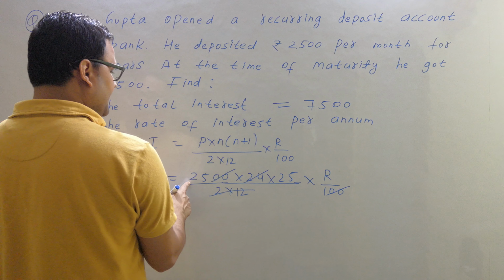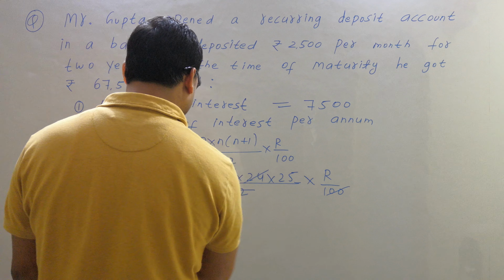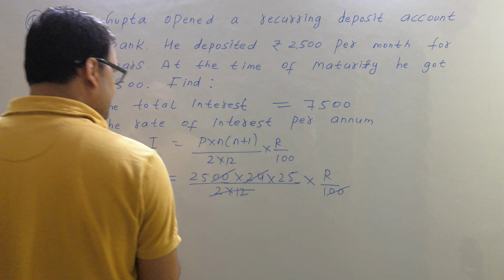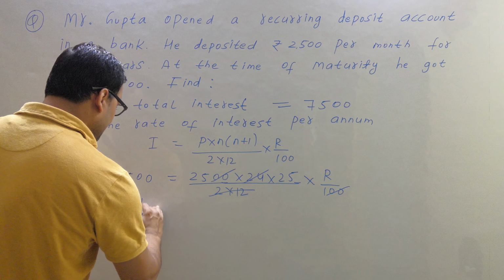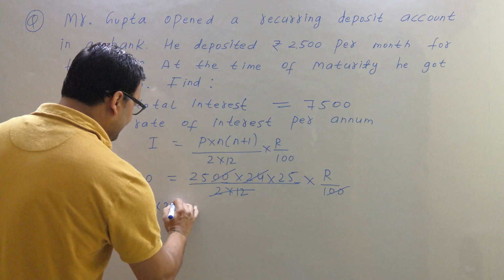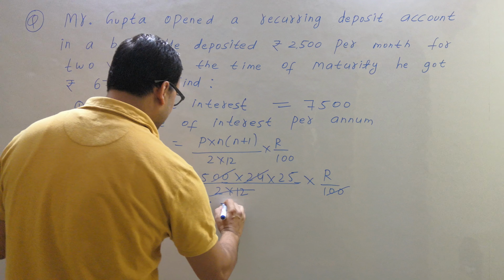Now 25 into 25, that is 625, or we can do rate into 25 into 25 equals 7500.